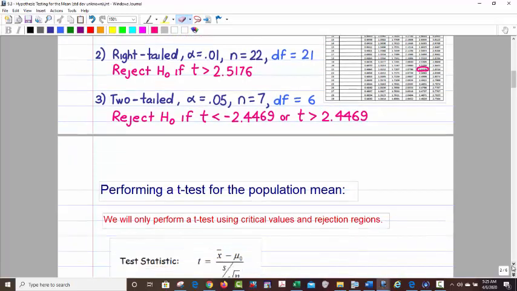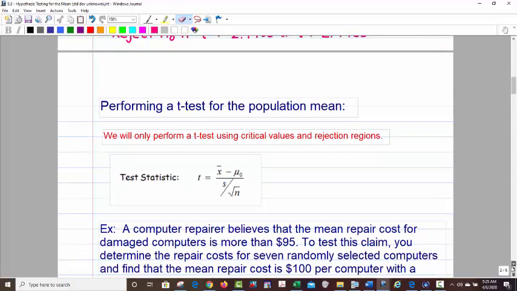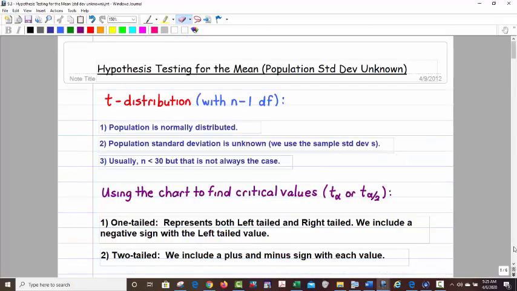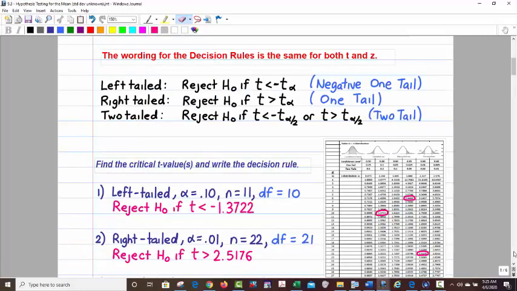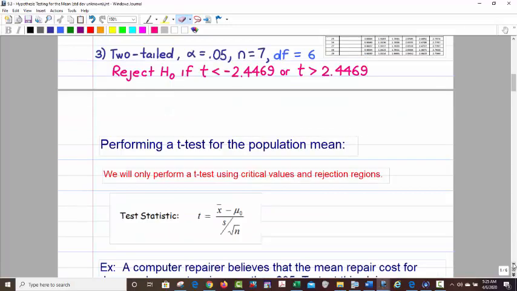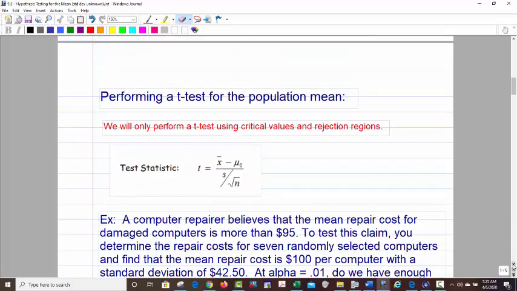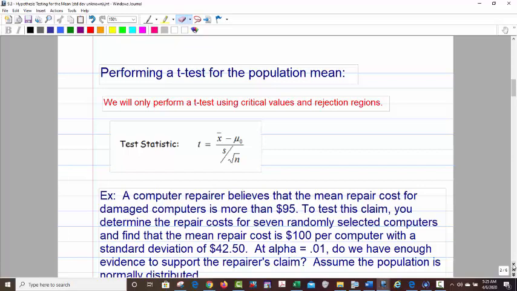Now let's take a look at performing a t-test using critical values. And notice I mentioned only critical values. When I do this in the calculator, we'll make note of the p-value, and I'll just show you, but you're not going to have to get the p-value.